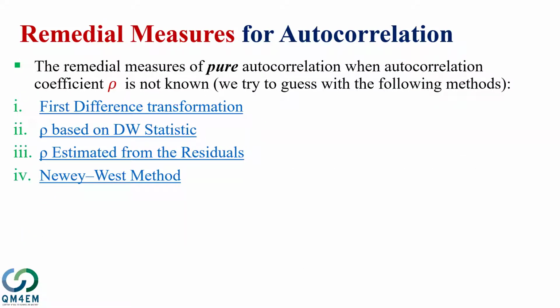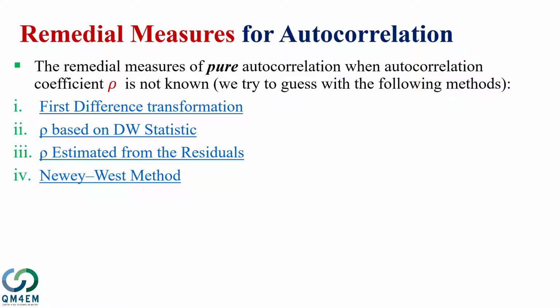We also discussed that we use a transformation mechanism to solve the problem of autocorrelation, but the transformation requires the value of rho. However, rho is not always known.